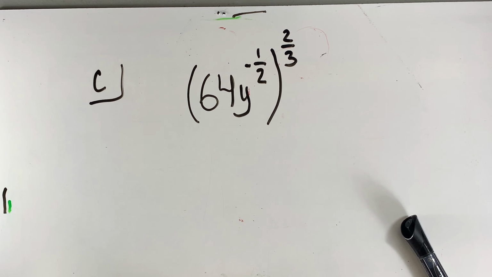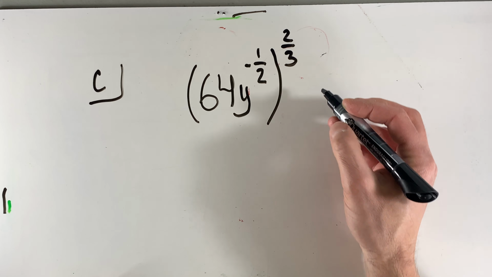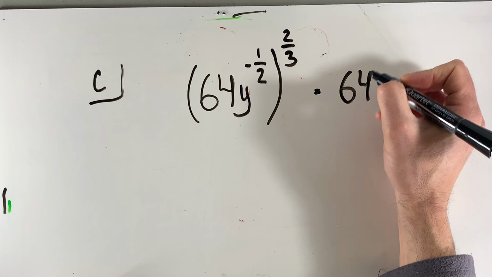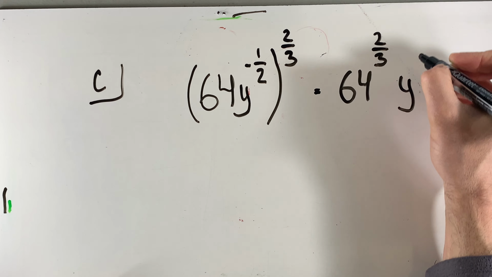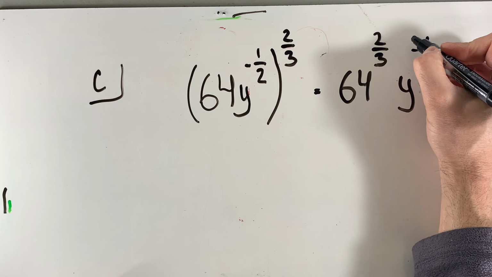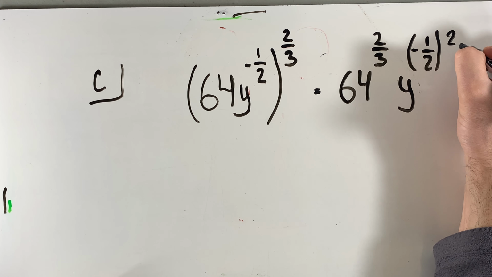Same thing, we're going to apply the outside exponent to 64 and to the y to the power of negative a half. So we're going to get 64 to the power of 2/3 times y to the power of negative half. I'm going to put this in brackets because it's negative, times 2/3.